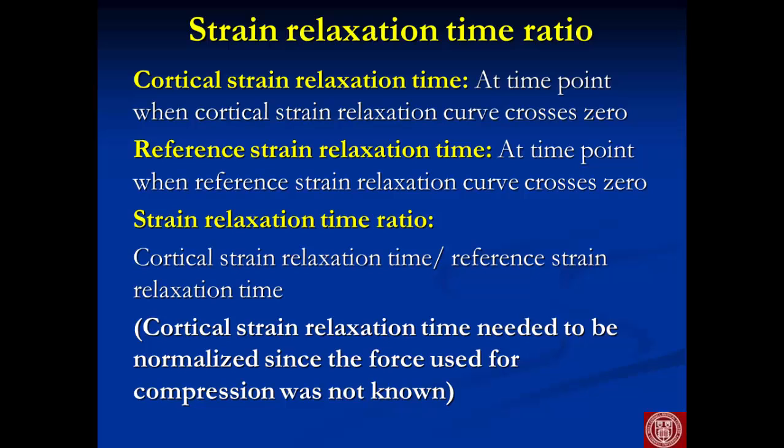Reference strain relaxation time is the time point when the reference strain relaxation curve crosses zero. I'll show more images after this. Strain relaxation time ratio is defined as the cortical strain relaxation time divided by the reference strain relaxation time.